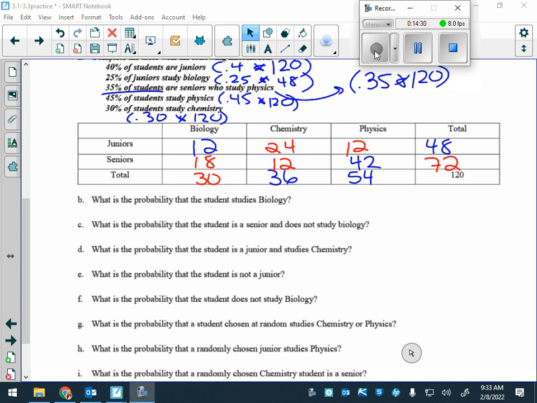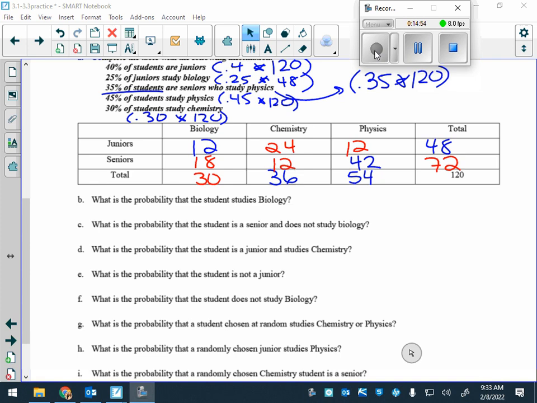And then for B, what is the probability that a student studies biology? It was 30 out of 120, which reduces to 1/4. So good job for that one. And then for C, what is the probability that a student is a senior and does not study biology? Now, keep in mind, you're looking at the total, which is 120. But it says and.